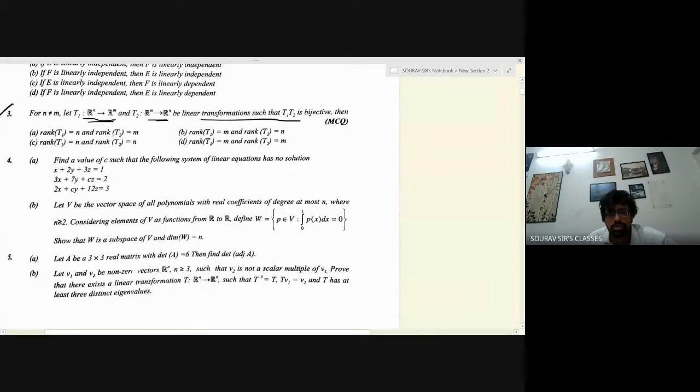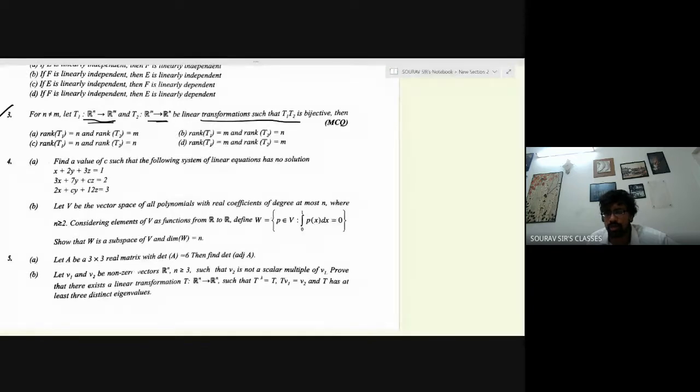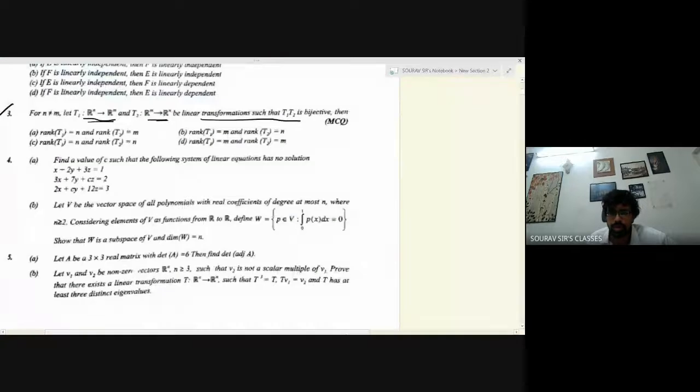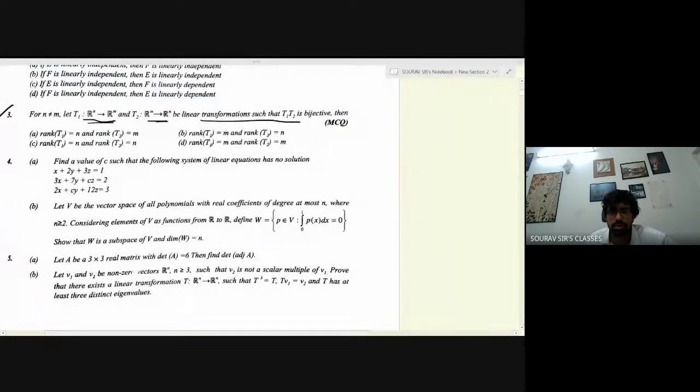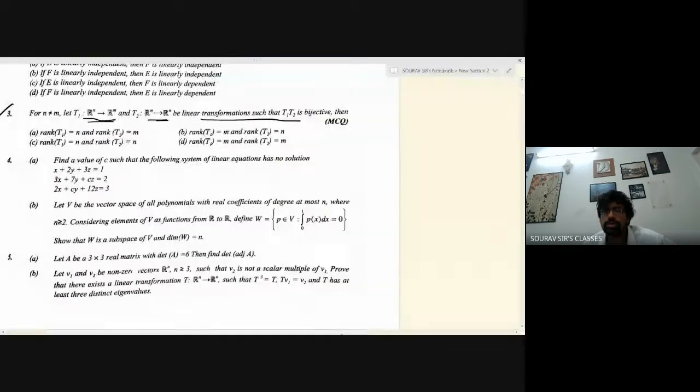So if such a bijection is being applied over here, and if such a bijection is being applied over here, so what we can see.